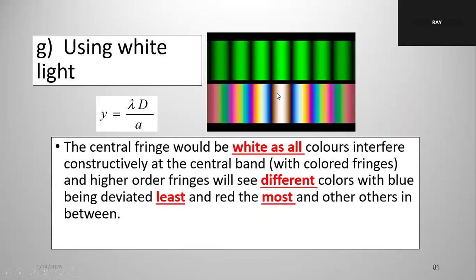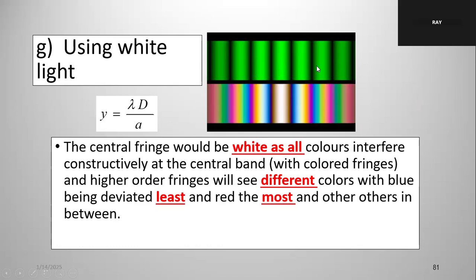Using white light. Right? If you see white light, that's the green light, that's the white light. The center would be white. Color fringes: the colors interfere constructively at the center band. At the center band, all the colors interfere constructively, but they have different bandwidths. Right? So you see color fringes there.